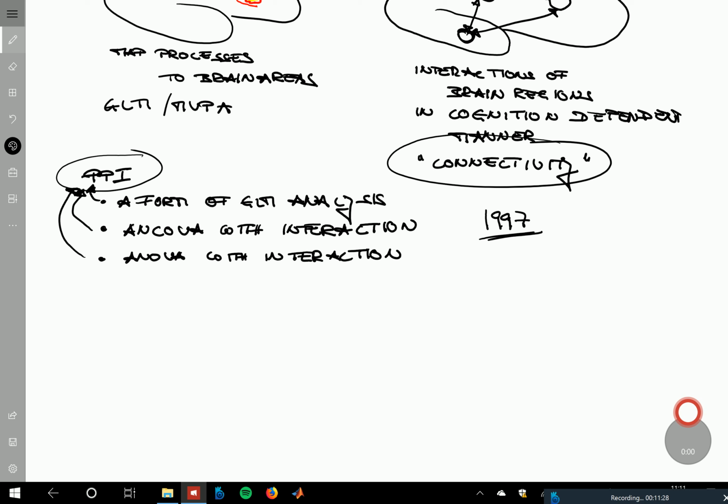But if one goes this way via ANOVA, ANCOVA, then it's actually straightforward and it's relatively easy to understand what PPI is, and also enables one to critically appraise in what sense this now relates to connectivity of brain areas.